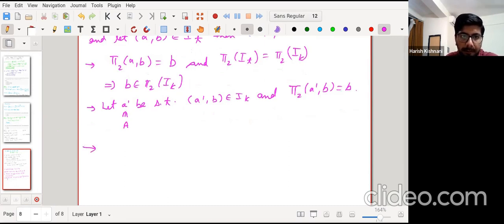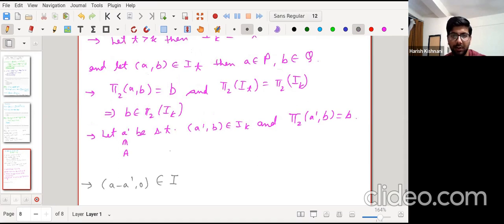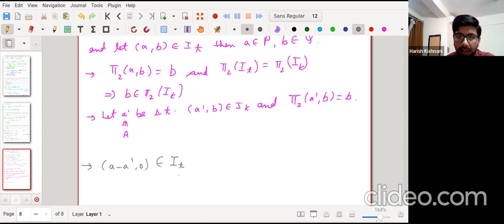Now what can we do with this A dash? This (A minus A dash, 0) belongs to I of T, right? Why?